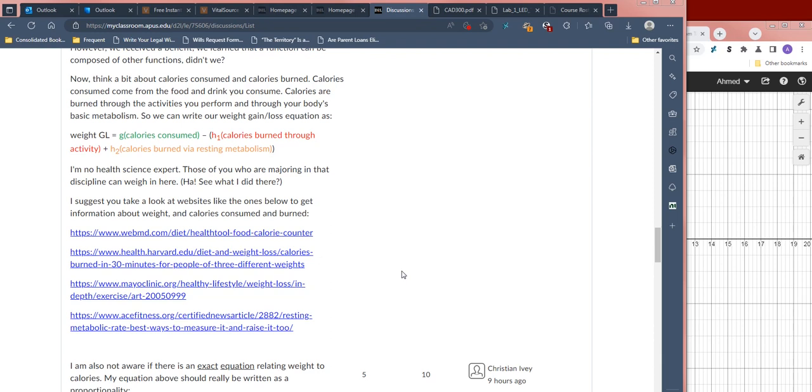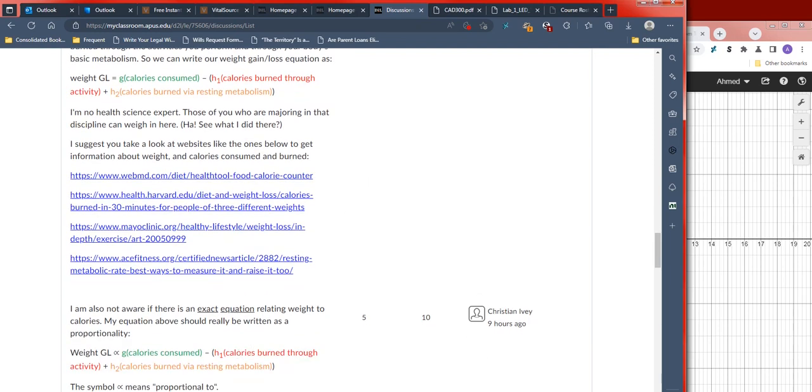If the soda is sugared, and so forth. So all of the calories consumed. And then you can estimate how many calories are burned if you're exercising or walking or just doing the usual daily stuff. And then the calories burned by the metabolism. And all of that information can be obtained from visiting these websites. These are relatively reliable, so you may want to check them out.